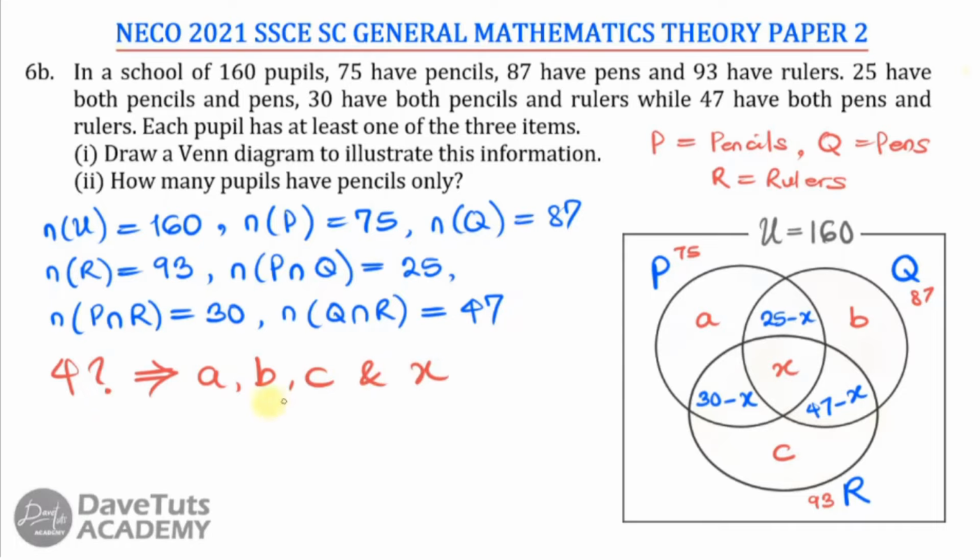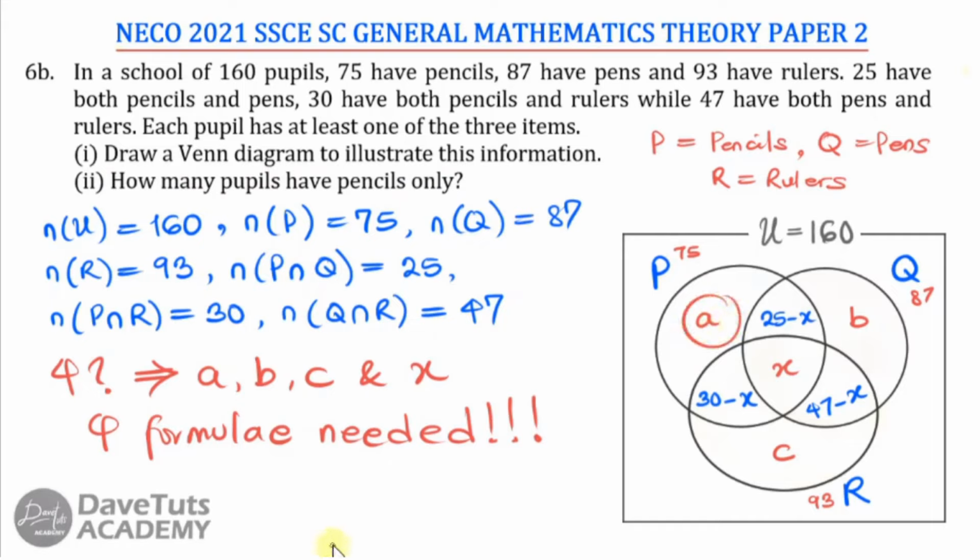And to solve this holistically, we need 4 equations that will help us, so that particularly what we are being asked, the number of pupils that have pencils only, which we have identified as A, we can get that out easily. But first, we need to formulate our equations.